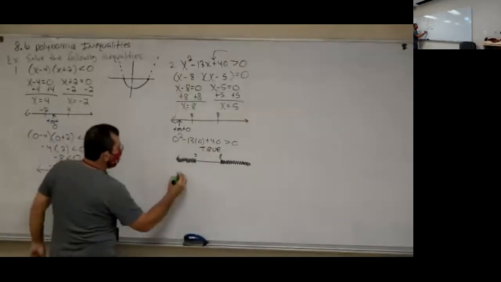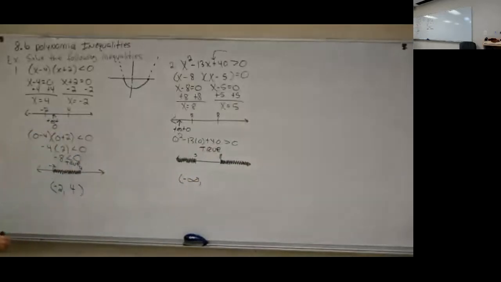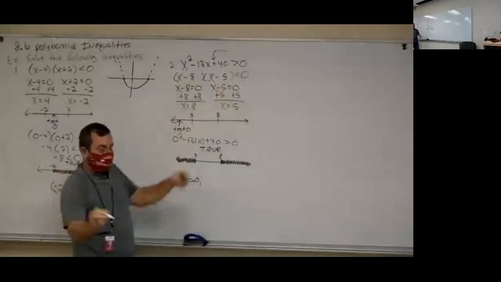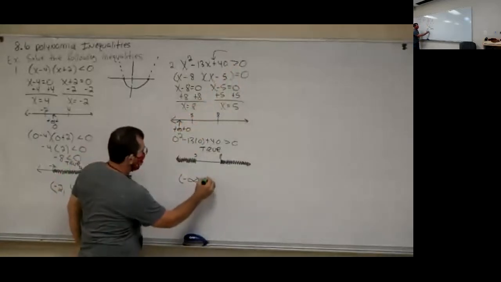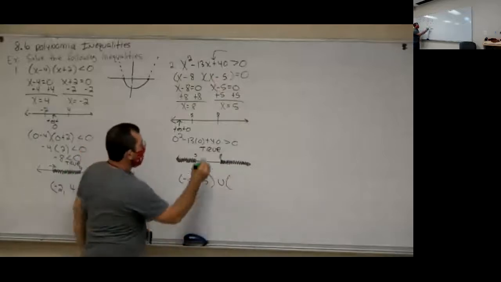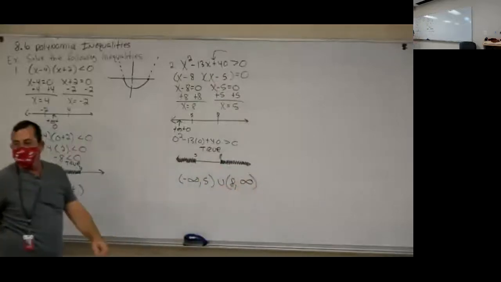You're going to start over here at negative infinity until you hit that 5. Notice there's not an equals under this, so it's going to be the curvy parentheses. Then you're going to union, curvy parentheses, go from the 8 to positive infinity.